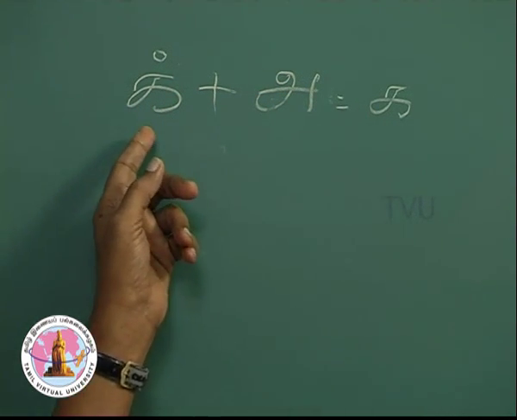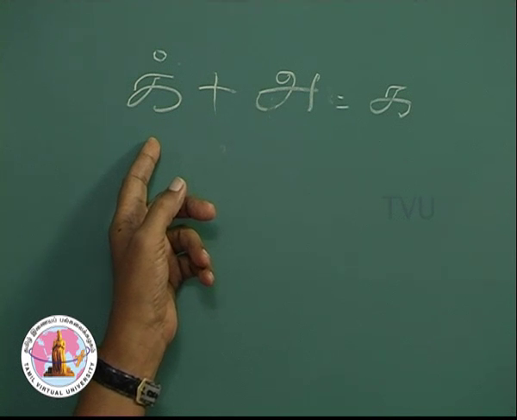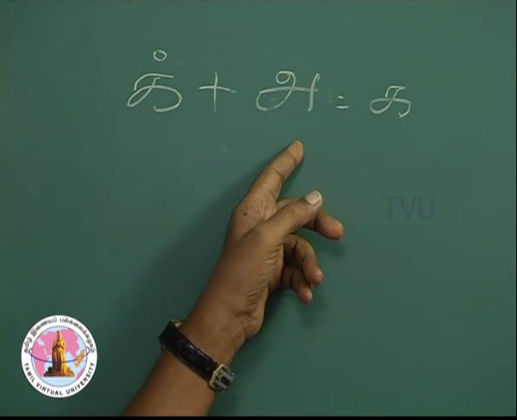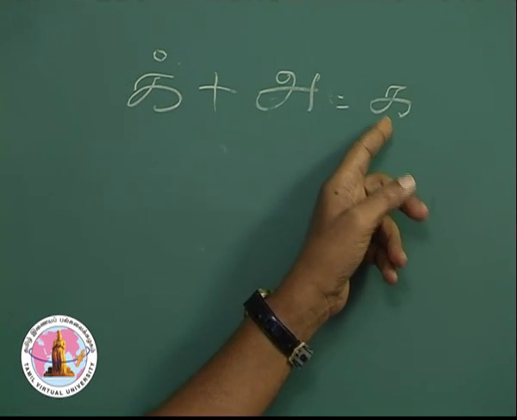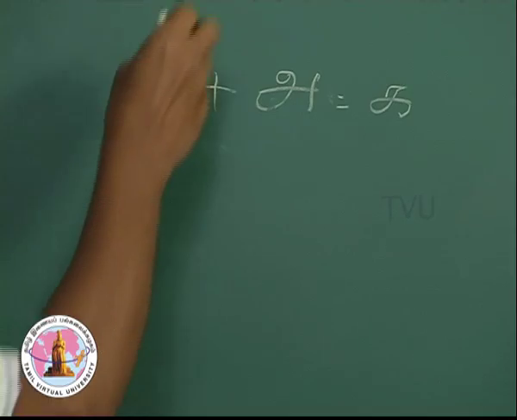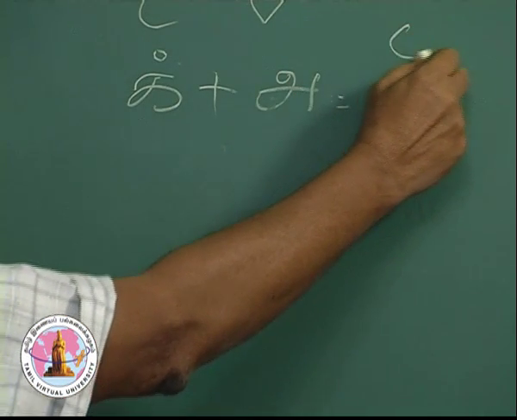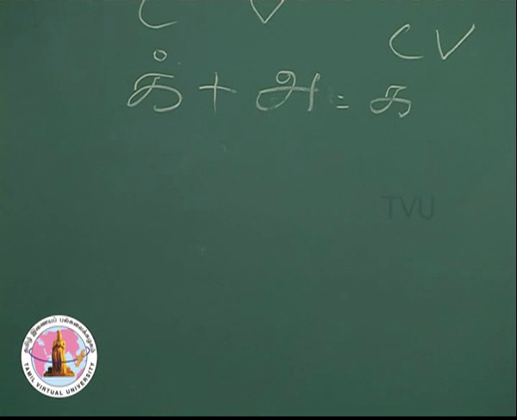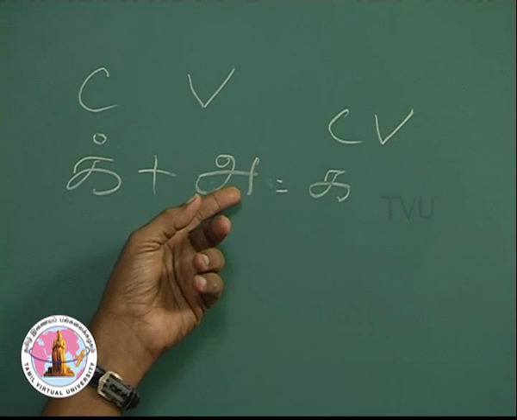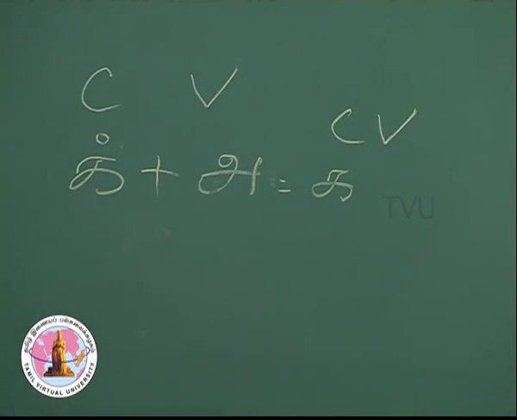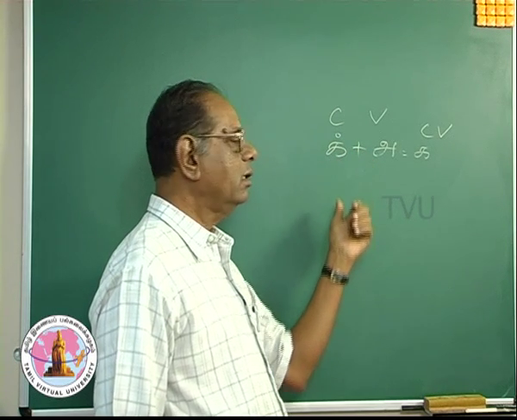That is to say, it is ik, a consonant, plus a vowel. The result is ka, a consonantal vowel. A consonant, a vowel, a consonantal vowel. We saw the combination of all the vowels with all the consonants.